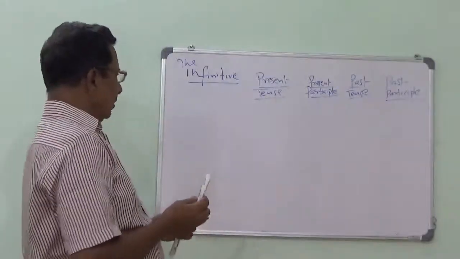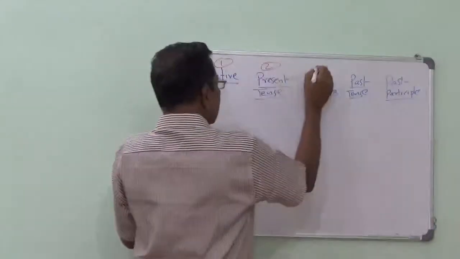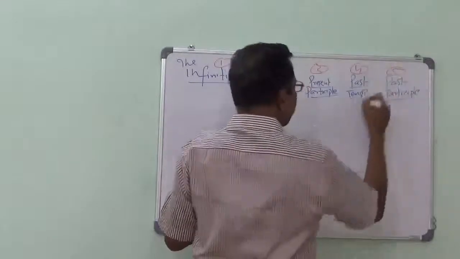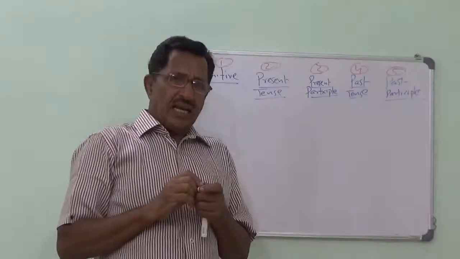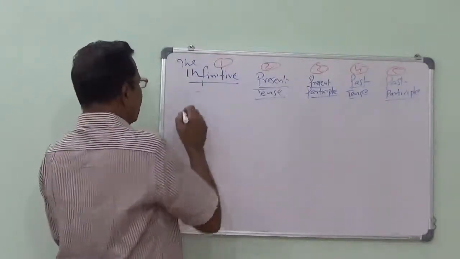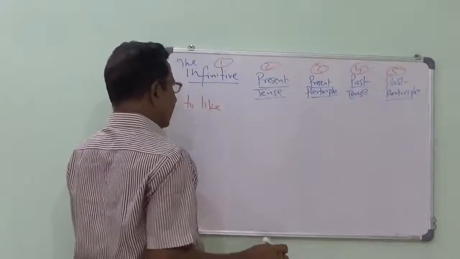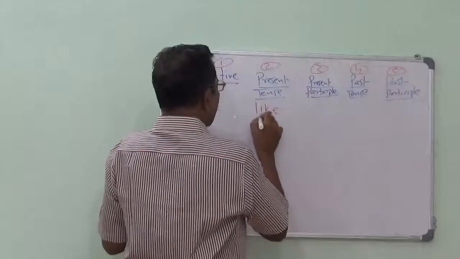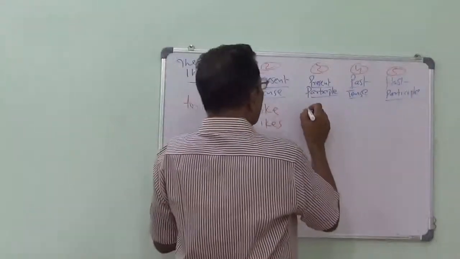Now we have seen 1, 2, 3, 4, 5. So 5 forms. Let's take the simple word like. To like. Or like, here like and likes, both. Here liking.